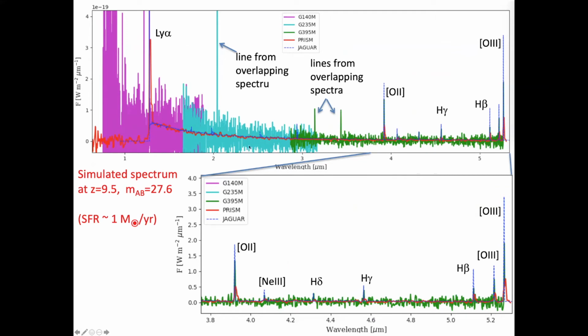While the 3 gratings, which are these 3 different colors, are of course not that sensitive to the continuum, they are great for detecting the various nebular lines, and we expect to detect several of them, metal lines and hydrogen lines, which will be used to characterize the physics of these early galaxies. And of course, we will have interlopers in terms of lines which come from overlapping spectra, but we know where they come from, so there will be no ambiguity in identifying them.